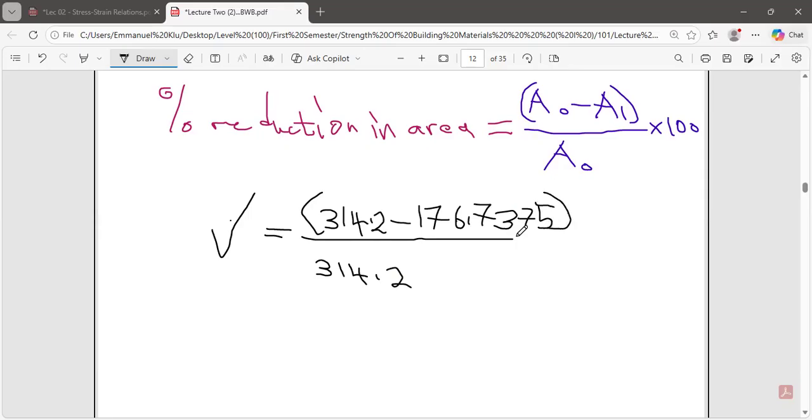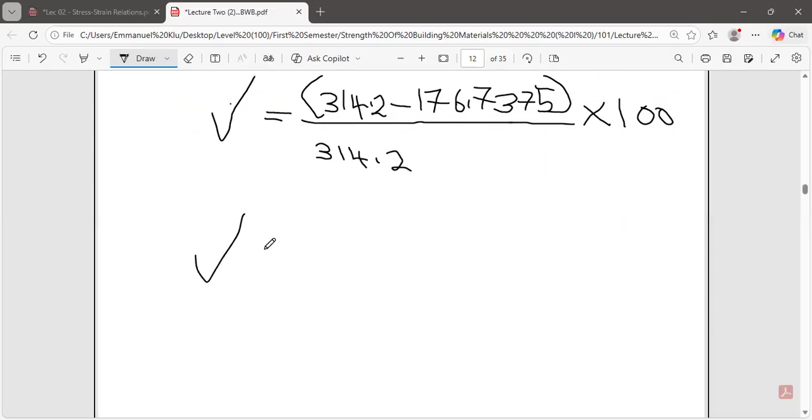So let's close that quickly. Let's multiply all by 100. Quickly tell me the answer. We have a few seconds to go. So finally, what are we going to get?